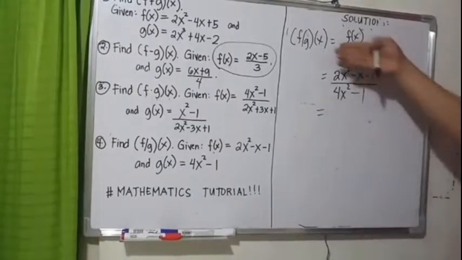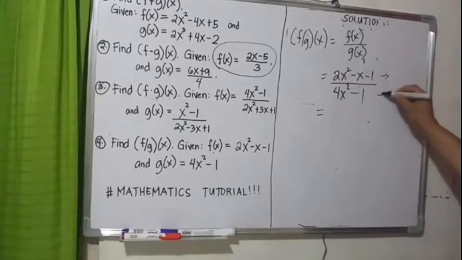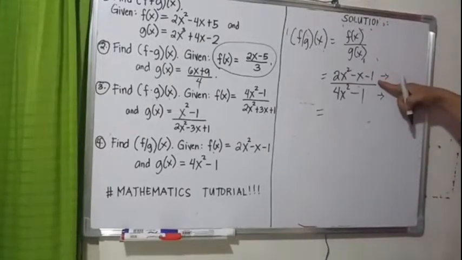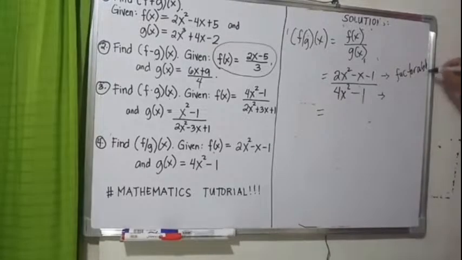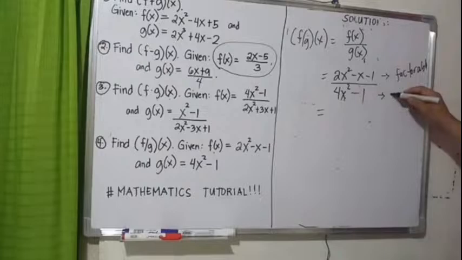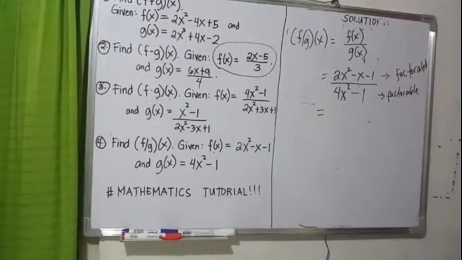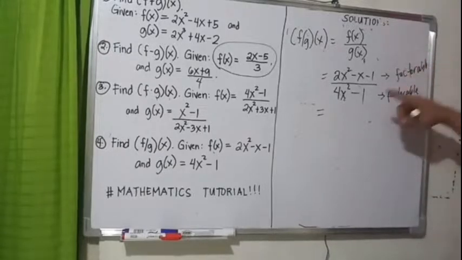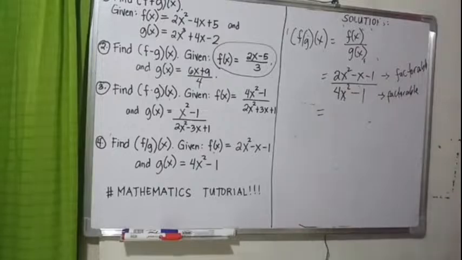Tandaan, to find the quotient of the given functions, tingnan natin yung numerator. It is factorable. And the denominator is factorable. So, you need to find the factor of the numerator and denominator. So, ano ba yung factor ng numerator natin? Okay, very good.